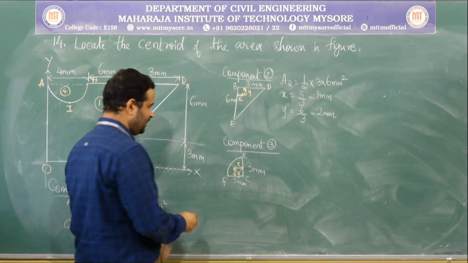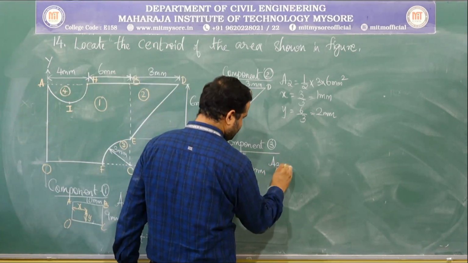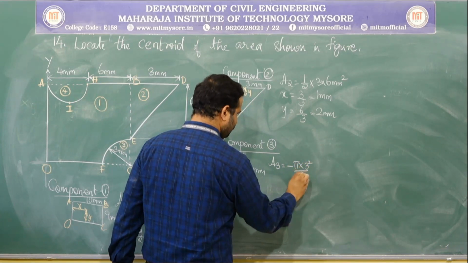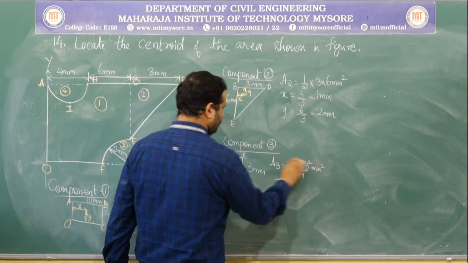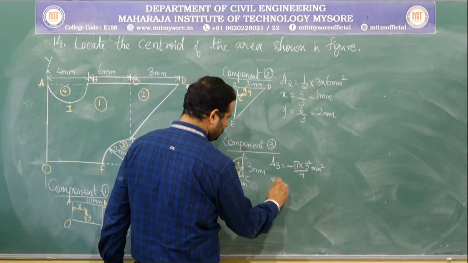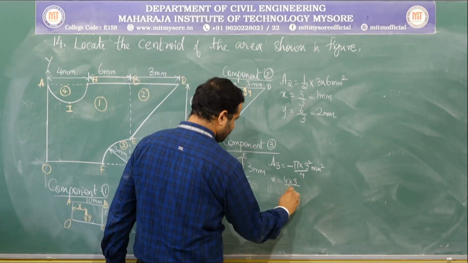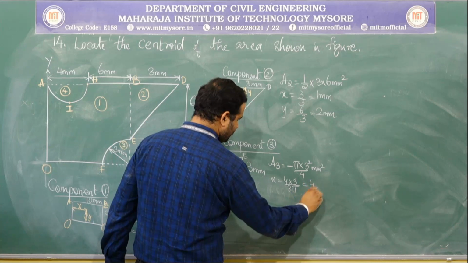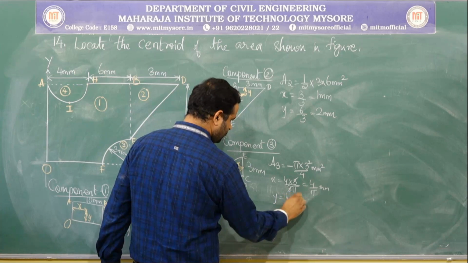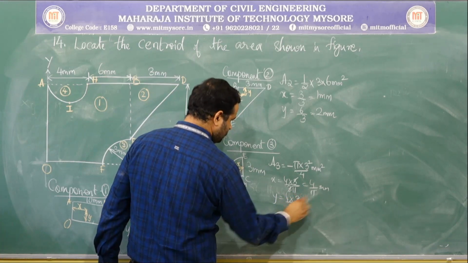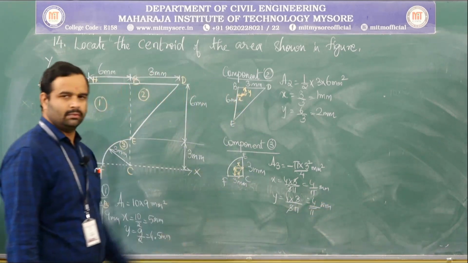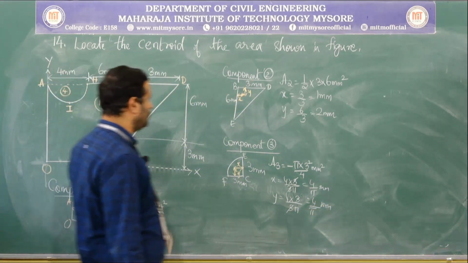Now, writing its area, A3 is equal to minus pi into 3 square by 4 mm square. Why minus? Because it is the part to be removed. And then its x component 4 into 3 by 3 pi, which is 4 by pi mm, and its y is equal to 4 into 3 by 3 pi, which is equal to 4 by pi mm. Okay.